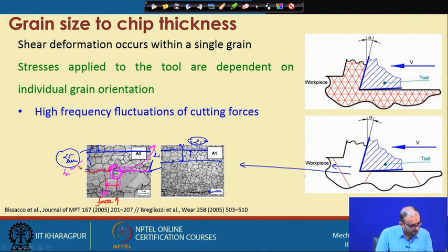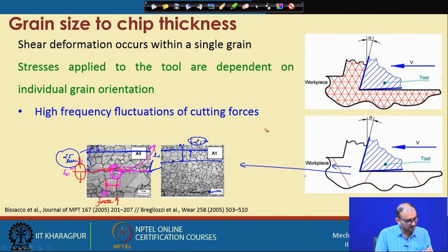And by chance in the second instance you again encounter one grain which is half in this uncut chip thickness and half below, then again you have to apply more force. So within a single cut, your cutting tool is encountering different orientations and different parts of the material. So sometimes it has to give more force to the material, sometimes less.